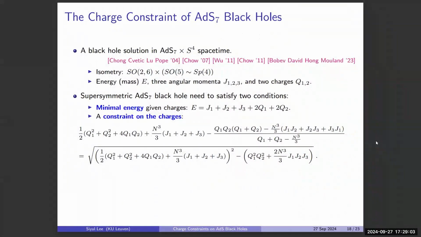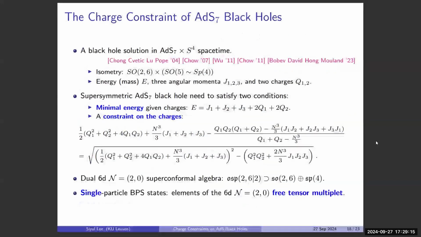And the same story holds for AdS7, which I cannot skip because the most general AdS7 solution has been found by no one else than Professor Hong here. It also has a very non-trivial charge constraint between its charges, and that can also be derived from the unique free multiplet in the dual 6d (2,0) superconformal algebra.